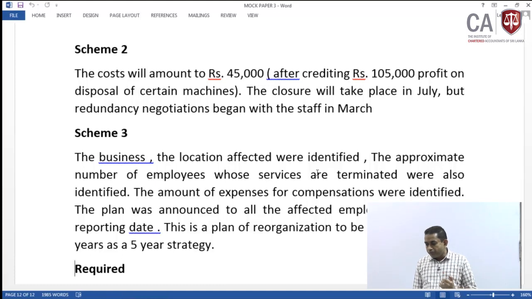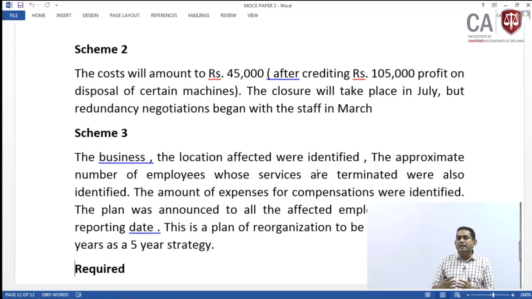This is a plan of reorganization to be implemented in 5 years as a 5-year strategy. Everything has been done perfectly, all the requirements were satisfied except for the fact that this is going to be a reorganization plan to be implemented in 5 years' time.